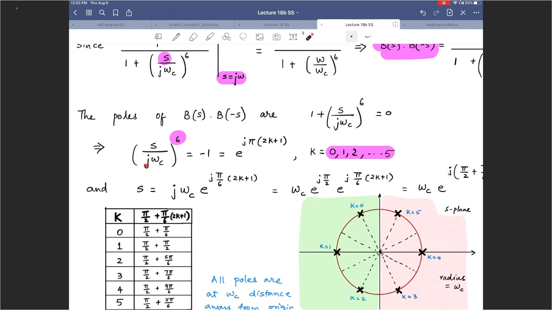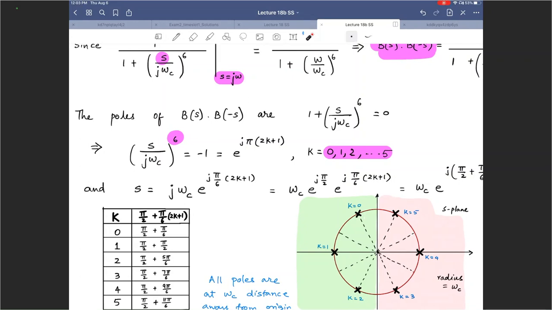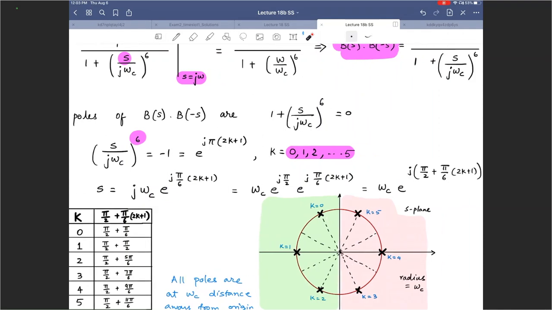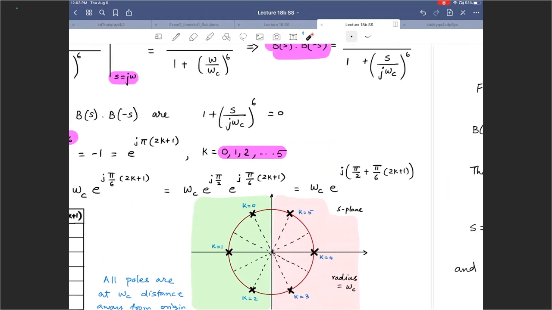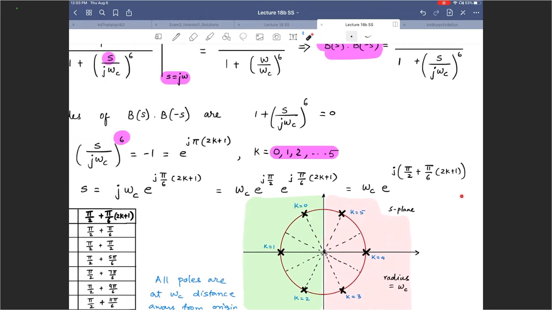I still have a j omega c left over here, which can go into the numerator on the right side. So the values of s, or the poles of this third order Butterworth filter, are in the s plane at j omega c e to the j, all of that. j can be written as e raised to j pi over 2. So combine the two complex exponentials to write a convenient form.